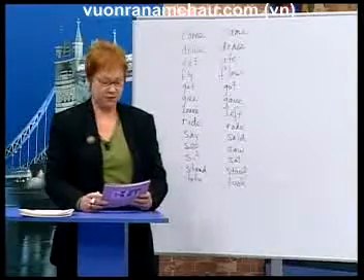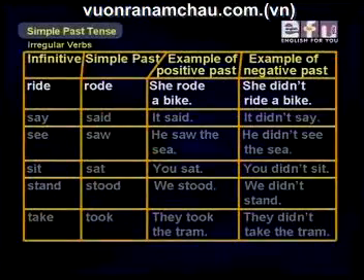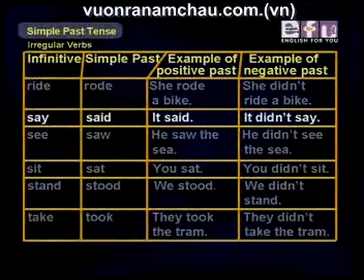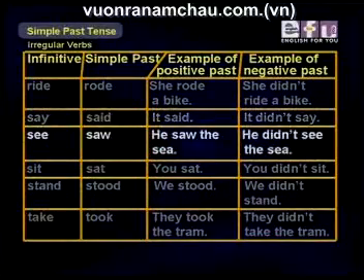Okay, now we have some more for you. Ride, rode. She rode a bike. She didn't ride a bike. Say, said. It said. It didn't say. See, saw. He saw the sea.